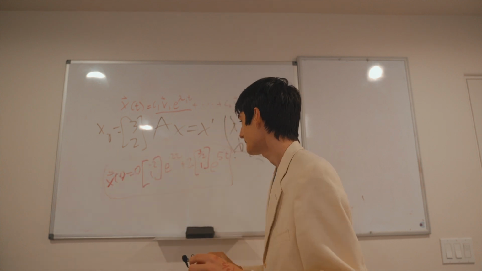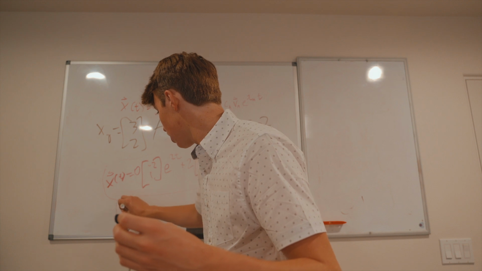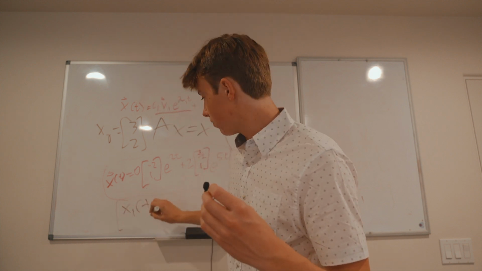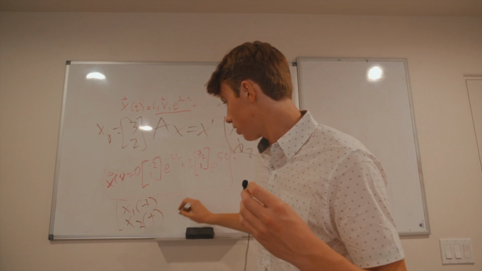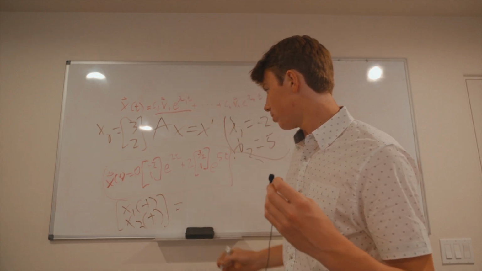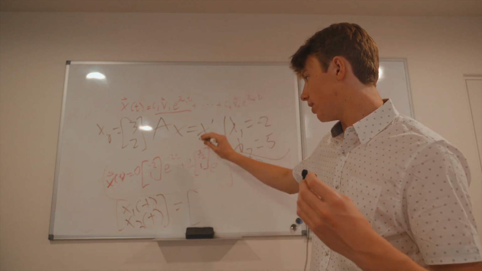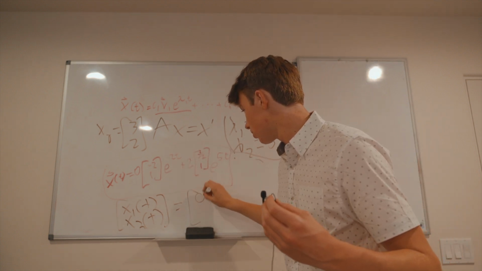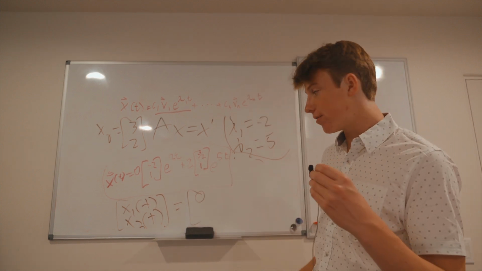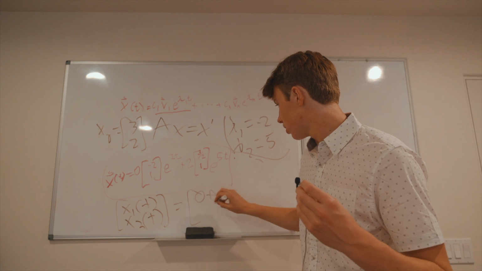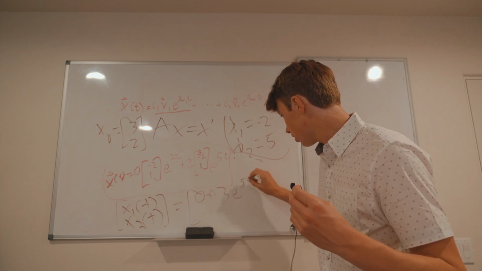Right here. Okay, now to finalize, we have x1 of t and x2 of t, which is equal to 0 times negative 2 times e to that expression, is 0, plus 2 times 3 over 2 times e to the 5t, is equal to 3e to the 5t.